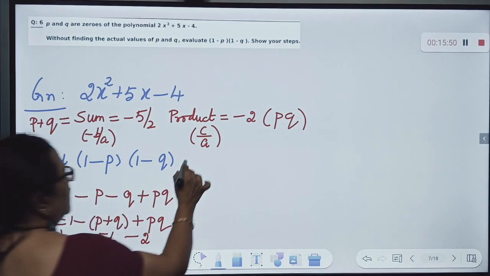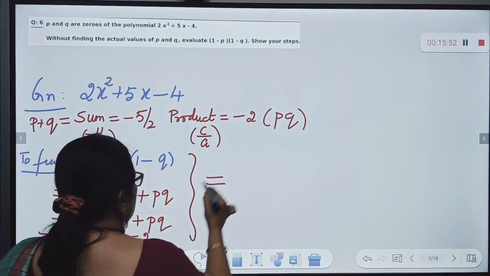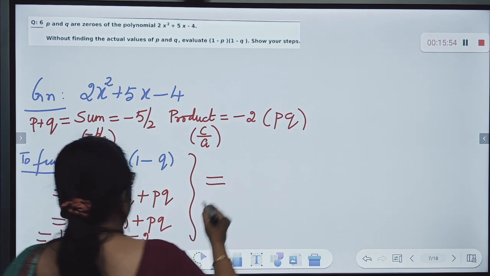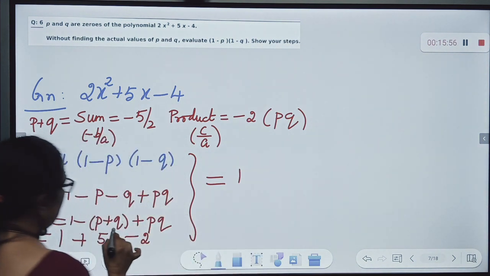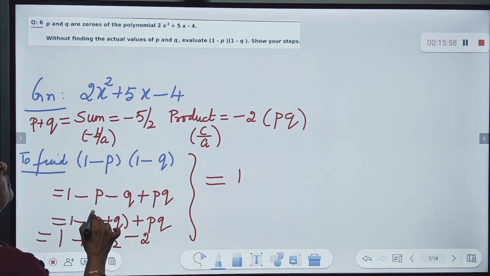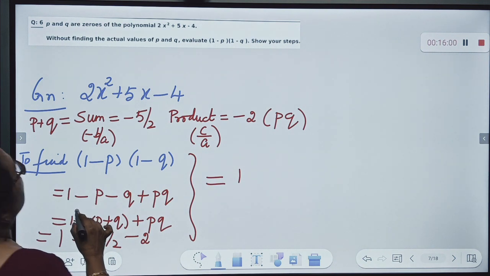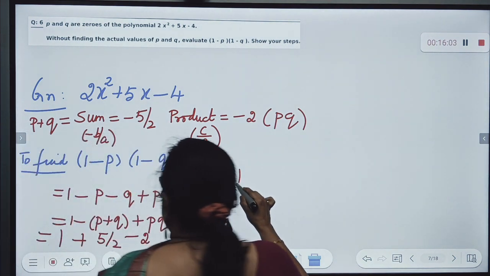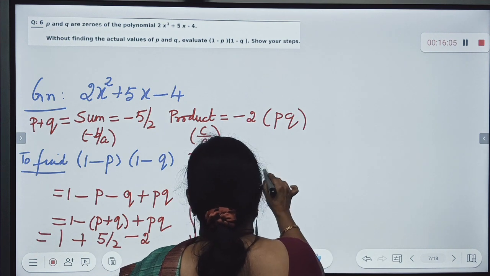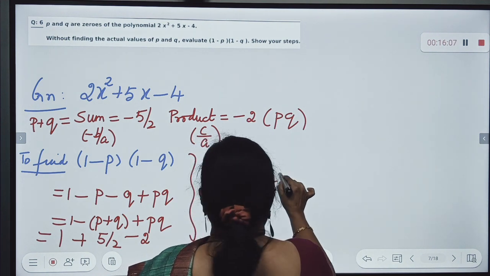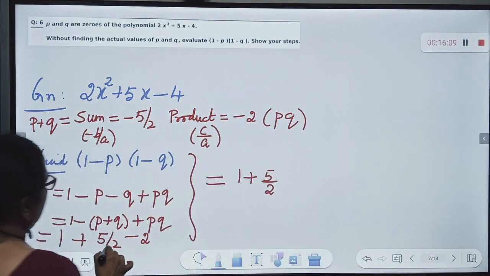So this whole expression is equal to 1 plus 5 by 2, because p plus q is minus 5 by 2.